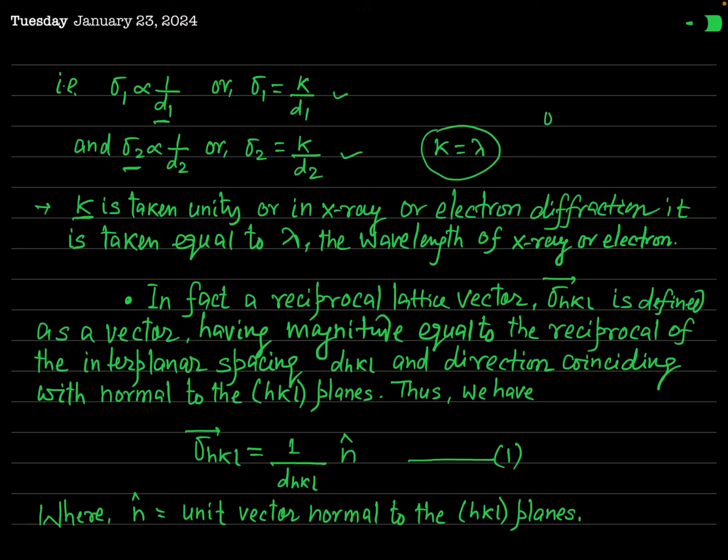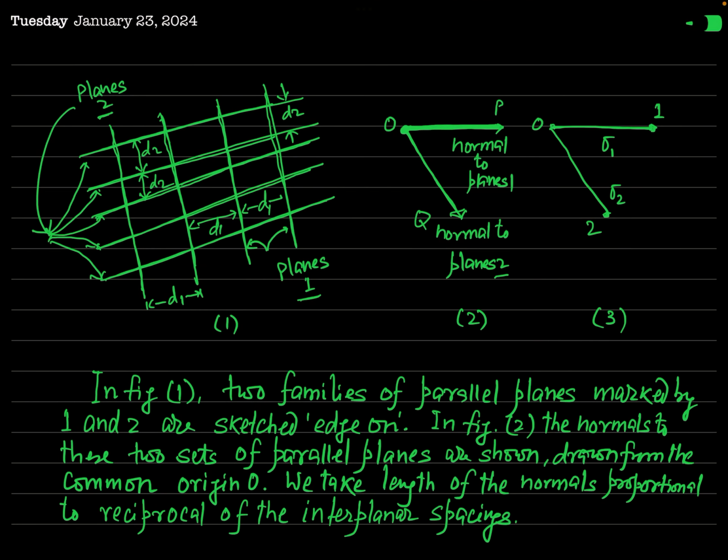So, we simply say that sigma is equal to 1 over d. Here there is a point, let us say P1, and this is P2. These points are called reciprocal lattice points.